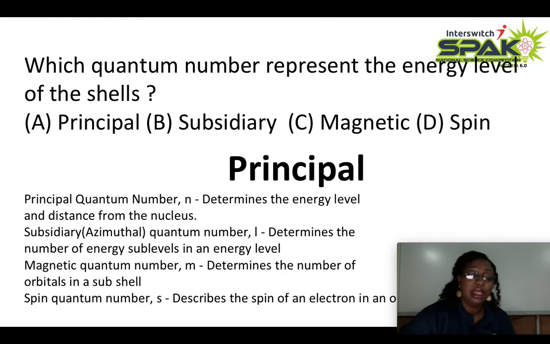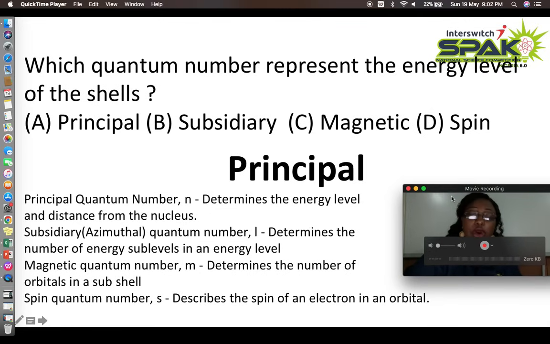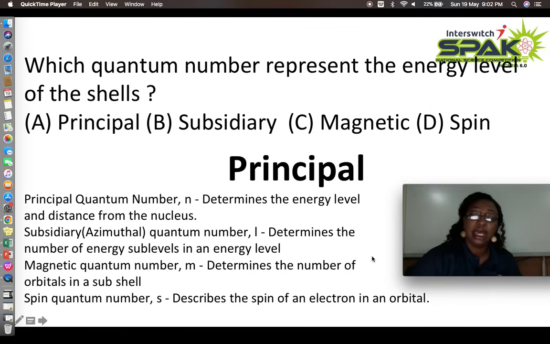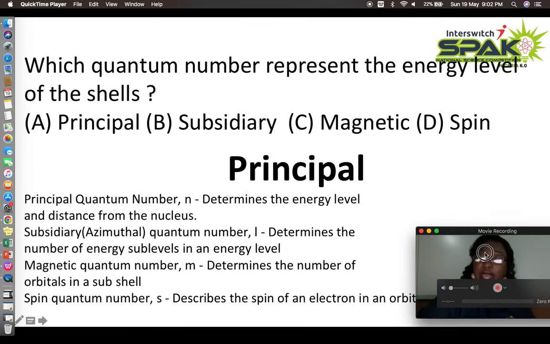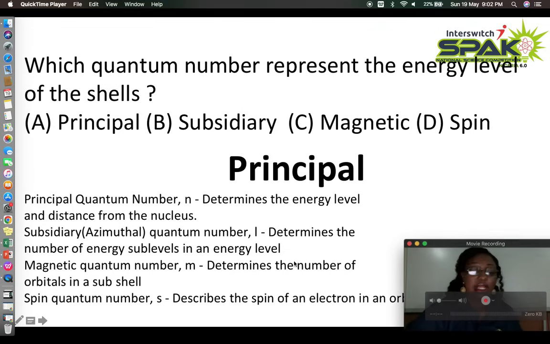While the spin quantum number S describes the spin of an electron in an orbital. So these are the 4 quantum numbers that have to do with the energy level.